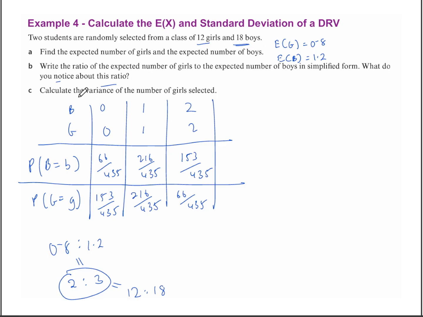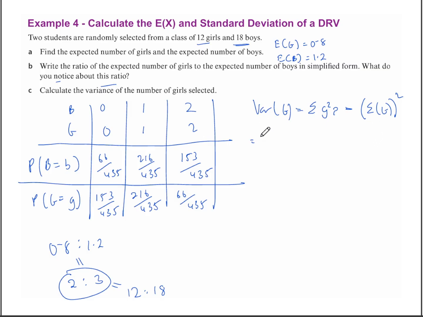And then in part C, we are told to calculate the variance of the number of girls that are selected. The variance is equal to the mean of the squares, so G squared times the probability, minus the expected value of G, the mean, squared.